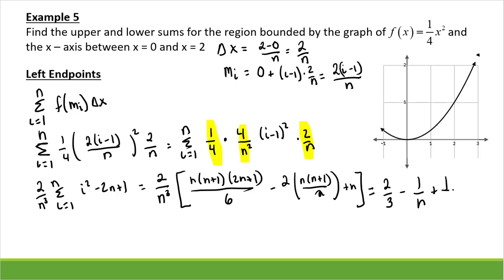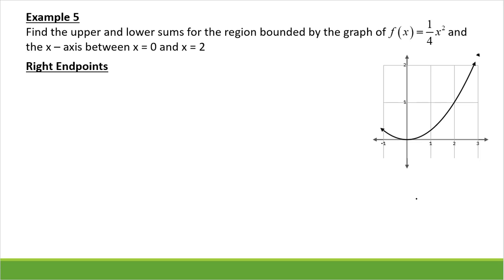The right endpoint, in my opinion, makes a little bit more sense. So for the right endpoint, our delta x is still the same. They called it big M sub i, which is 0 plus your i times your delta x.